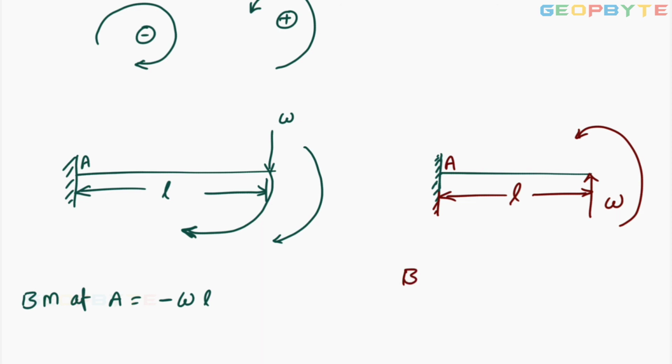So the bending moment at A, for this case, is W into L, an anti-clockwise moment. This anti-clockwise moment should be taken as positive. The earlier one is the clockwise moment, and clockwise moment should be taken as negative. That is the meaning of clockwise moment and anti-clockwise moment.